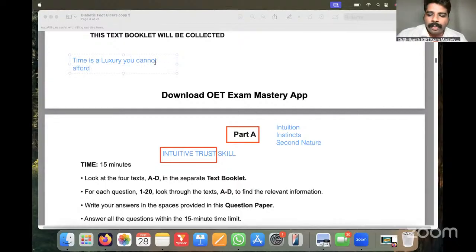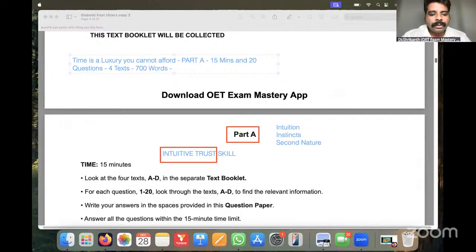In OET Reading Part A, you have only 15 minutes and there are 20 questions, and there are four different types of text. So we have four texts over here and almost 700 words.